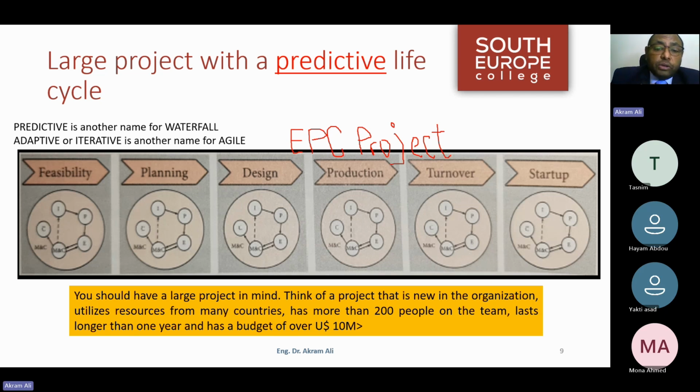But here when we refer to progressive elaboration and rolling wave, we are talking about a philosophy or a way of thinking as related to how to define and build your projects, which is essentially phased gates. But what's the difference between progressive elaboration and phased gate? With phased gates, I divide my project into phases.